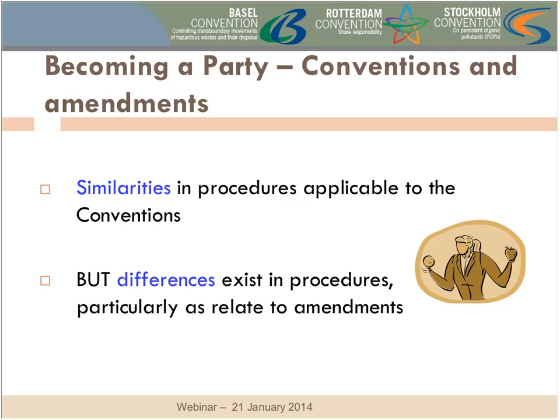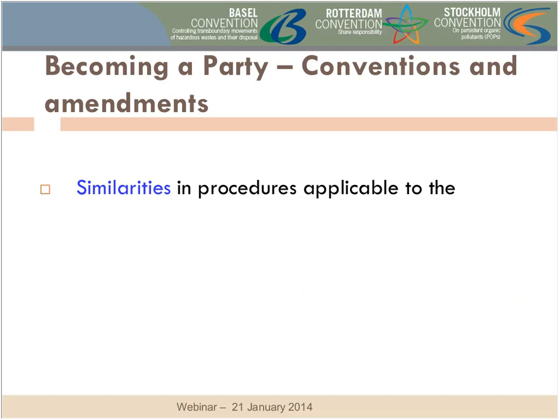The Secretariat is available to provide those documents to interested states and parties. But there are also differences, particularly between, for example, the ban amendment to the Basel Convention and amendments to the annexes of the Stockholm Convention.